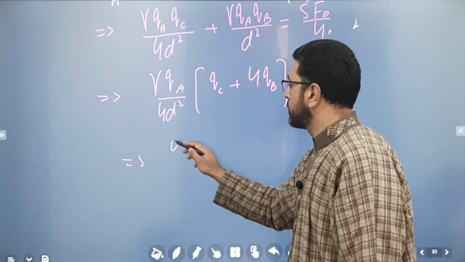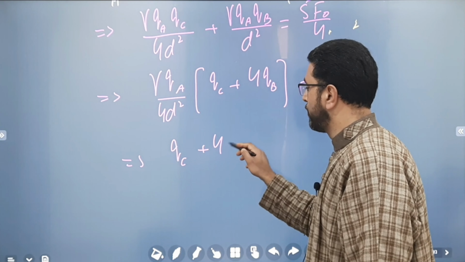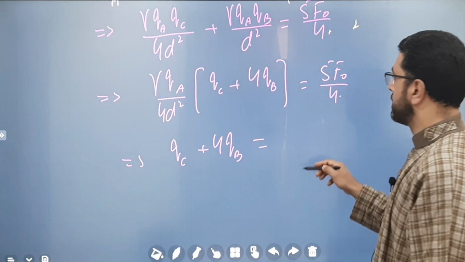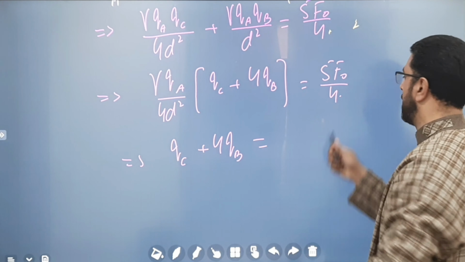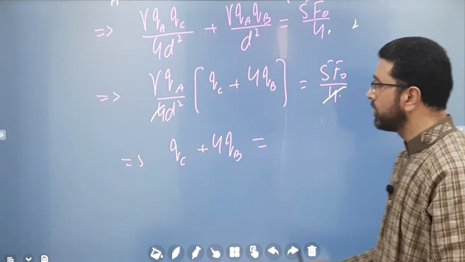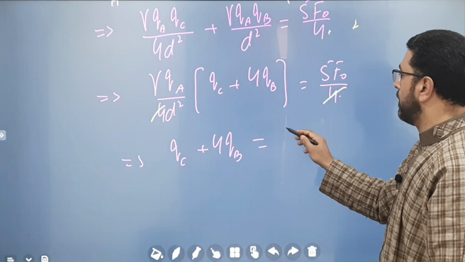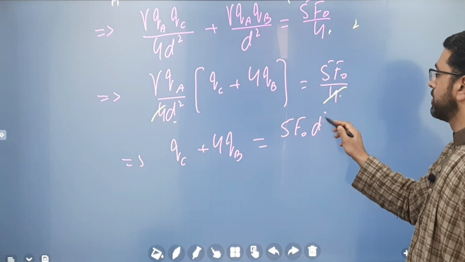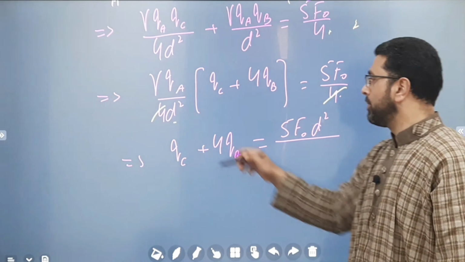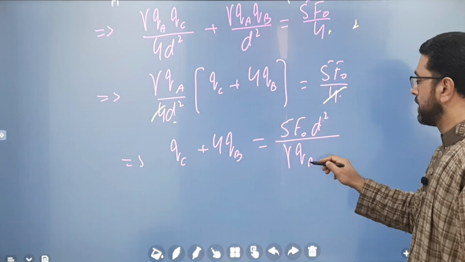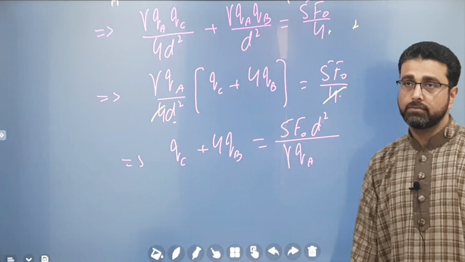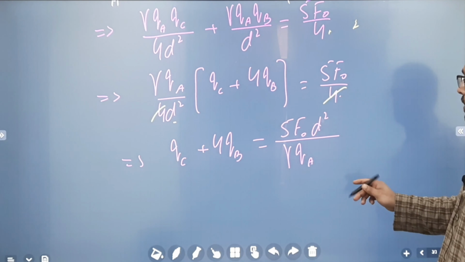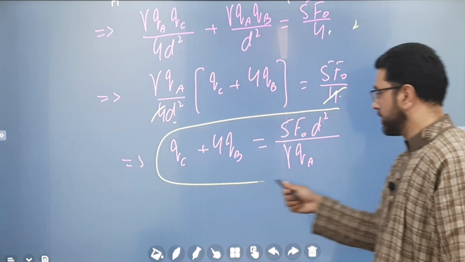So this implies QC plus 4 times QB is equal, I'll shift all this to this side. By the way, 4 and 4 cancel out. So this will become 5F0 D squared upstairs, divided by gamma QA downstairs.